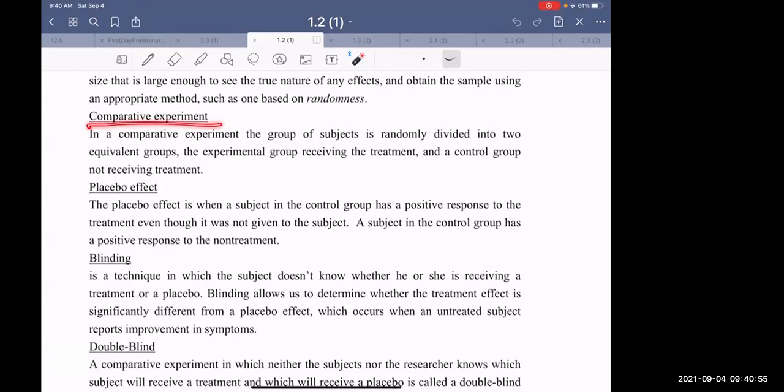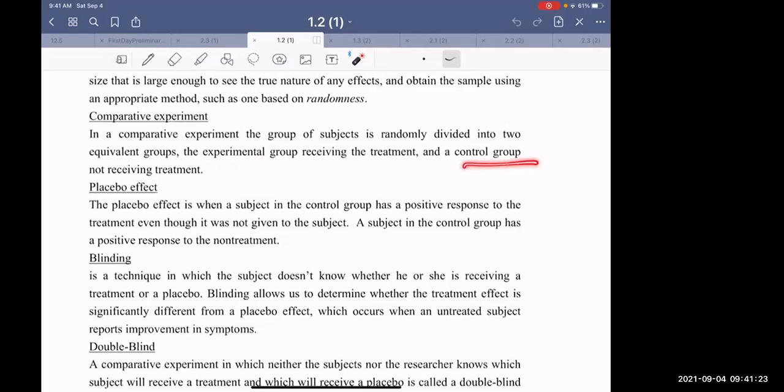In a comparative experiment, the group of subjects is randomly divided into two groups, and these two groups should be as equivalent as can be done: the experimental group and the control group. In the experimental group, they receive the treatment.